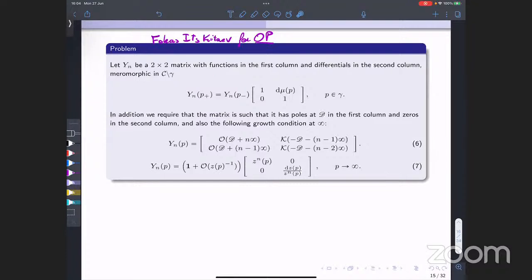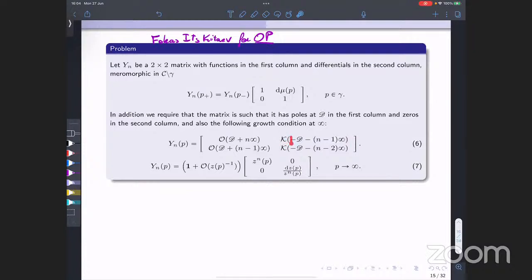Okay. So in the first column, these are the pole divisor property. So what does it mean? It means that the first column has poles at this divisor D and poles of this order at the point at infinity. The second column must be made of differentials. This K indicates just local sections of the canonical divisor.